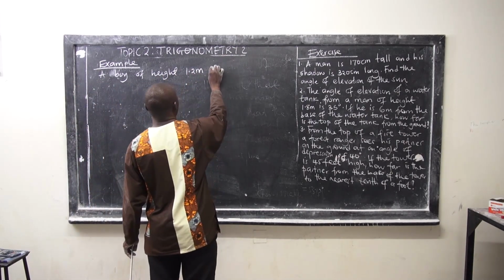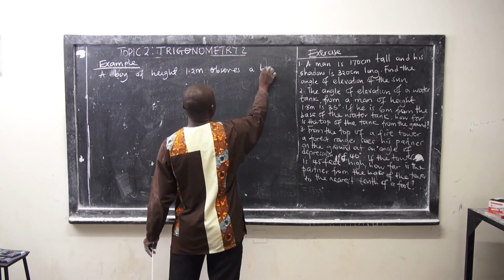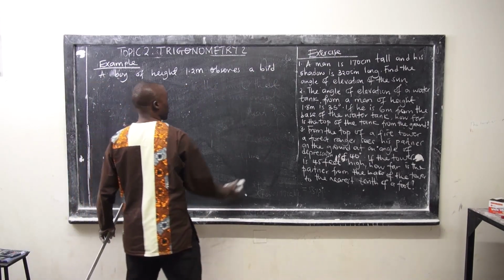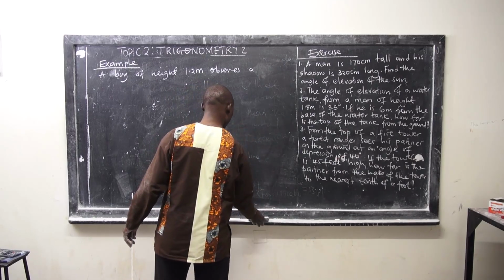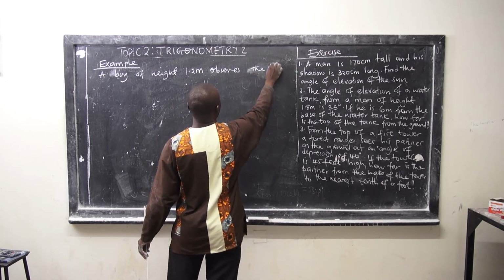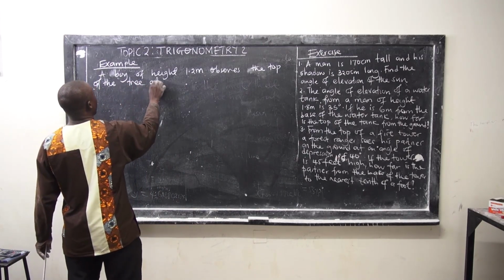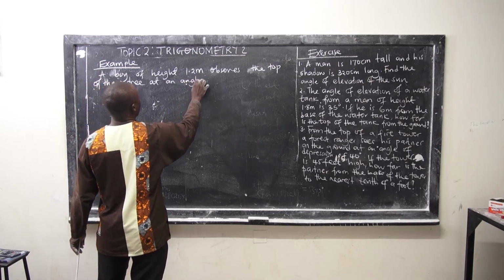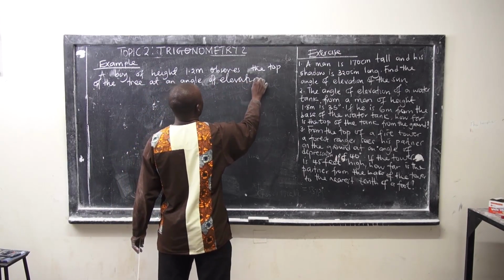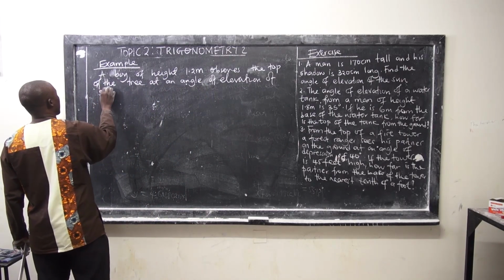A boy of height 1.2 meters observes the top of the tree at an angle of elevation of 50 degrees.